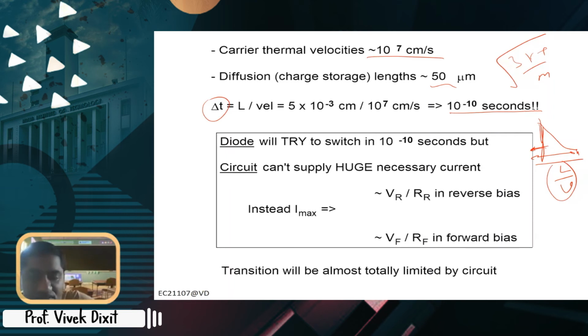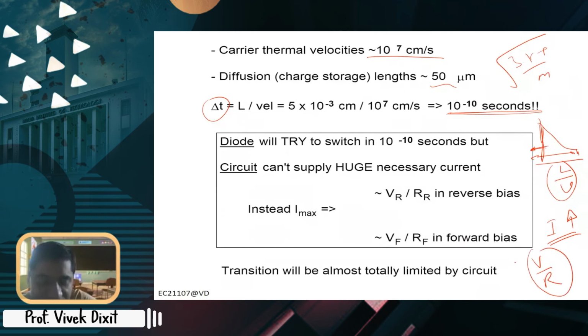But in real life, this does not happen, right? Because if you are going to remove a small amount of charge in 10⁻¹⁰ second, a very high current will flow, right? But the circuit has some resistance. We have a current limiting resistor, so the circuit does not allow it. The circuit allows only V applied by R external.